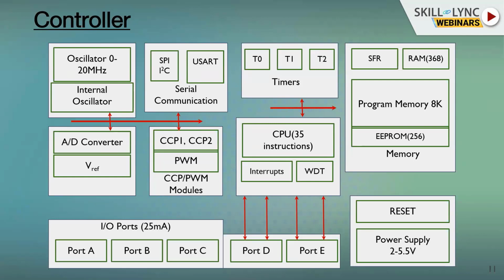Then you have the memory, and obviously here you have all kinds of memory bunched together. On the topmost side, you will see that there is a thing called SFR, right? These are special function registers. So these special function registers are registers which can set different possibilities for the peripherals. And the CPU actually allows you to set these peripherals to different capabilities using these special function registers.